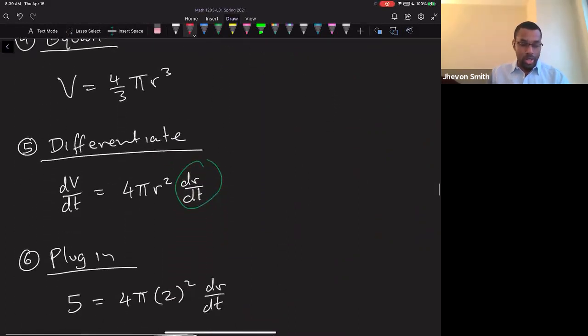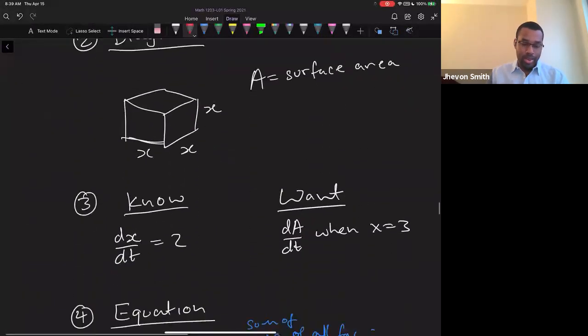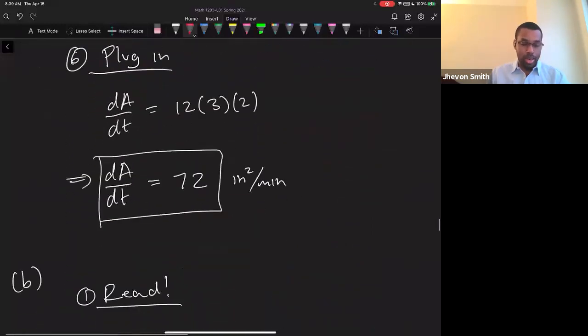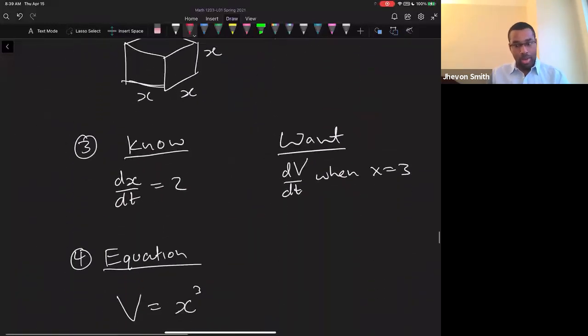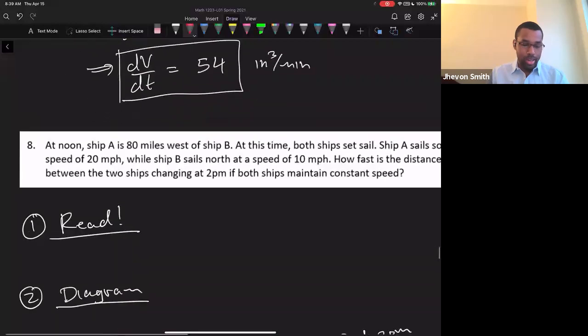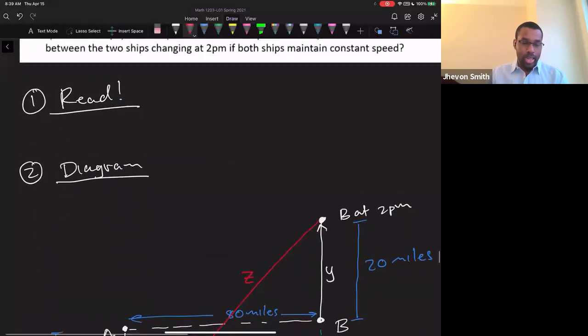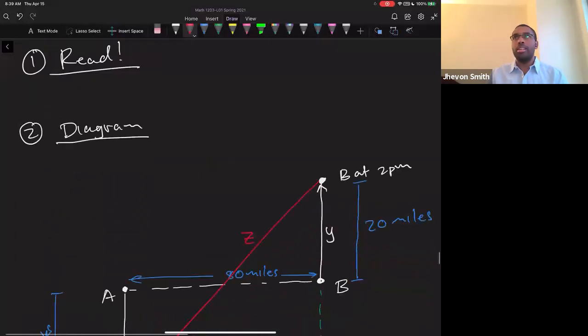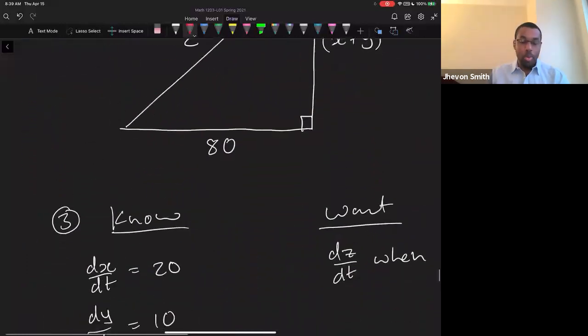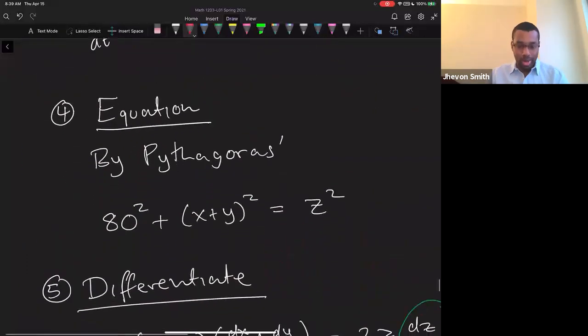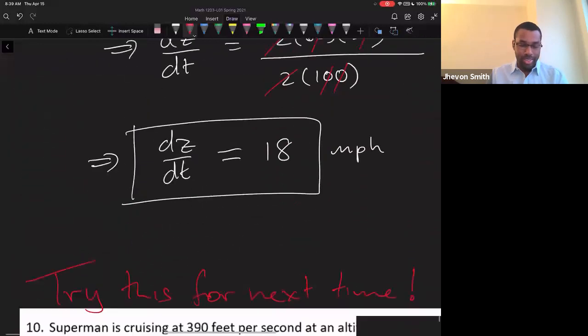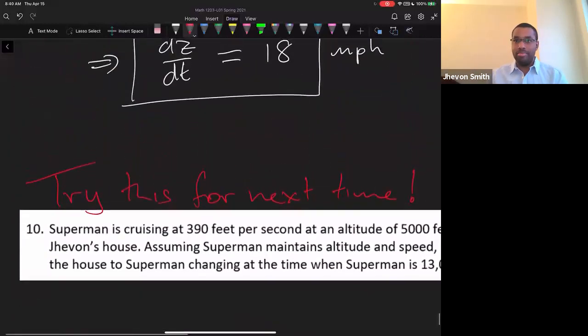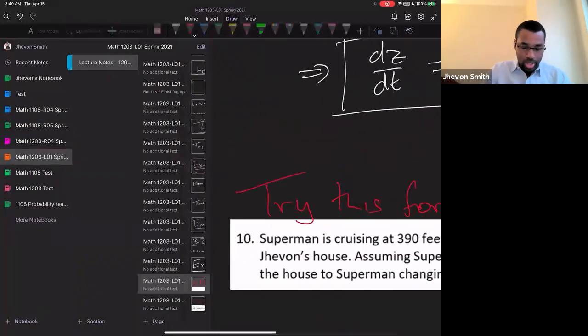Each time, it's read, diagram, what you know, what you want, equation, differentiate, plug in. Right? That's it. All right, cool.